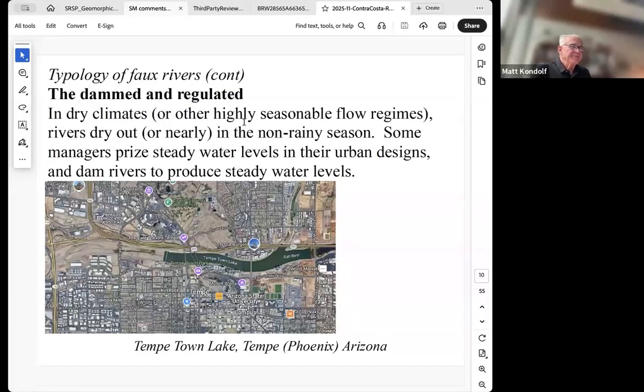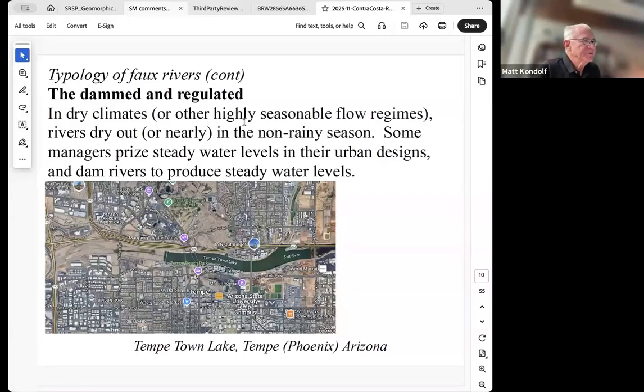And that seasonal pattern of having a dry riverbed part of the year and too much water the rest is not really attractive to most people, and certainly to managers trying to create a certain look and a certain ambiance. So in many cities, there's an interest in having stabilized water levels, or just having some water there all year long.